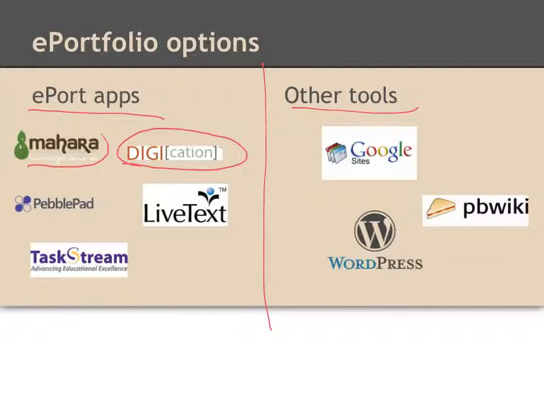At Purchase, we are currently using Mahara as an open source ePortfolio system, but there are others as well. There are some schools that are using TaskStream, more tied in some cases to some accreditation uses, PebblePad, LiveText. There's a variety of ePortfolio systems that are available.